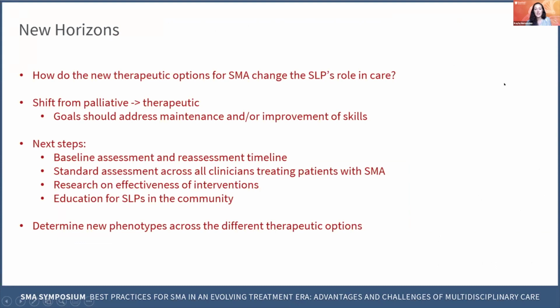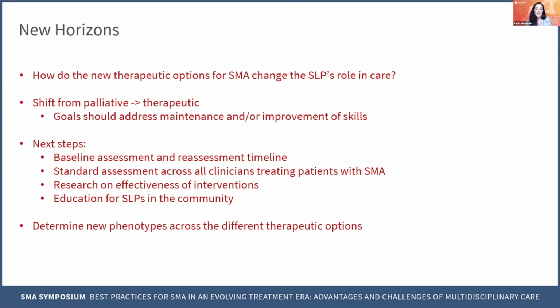How are they changing the presentation of dysphagia and voice and communication needs in patients with SMA? More recently, we've shifted from more of a palliative role to more of a therapeutic role, and our goals are starting to address more maintenance or even improvement of skills as we're seeing how these therapeutic agents are impacting and potentially preserving some swallow function.